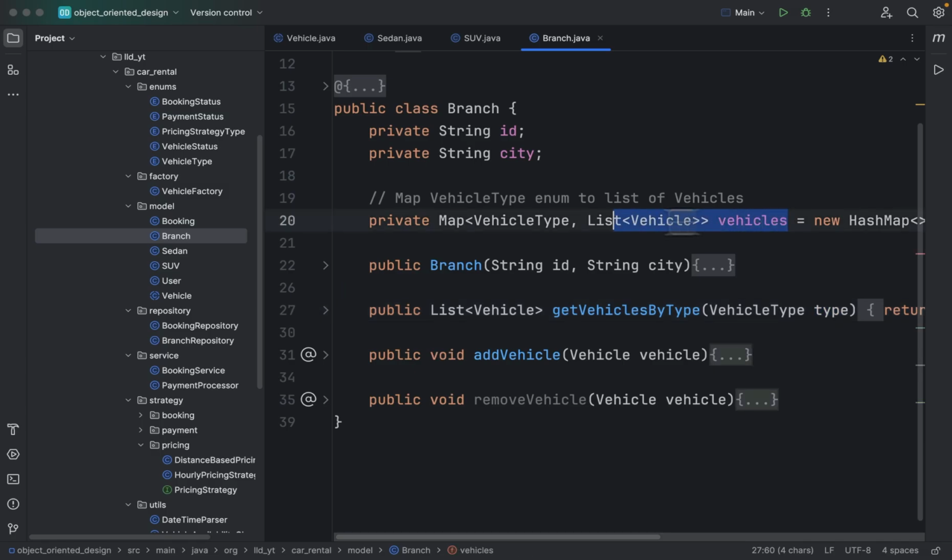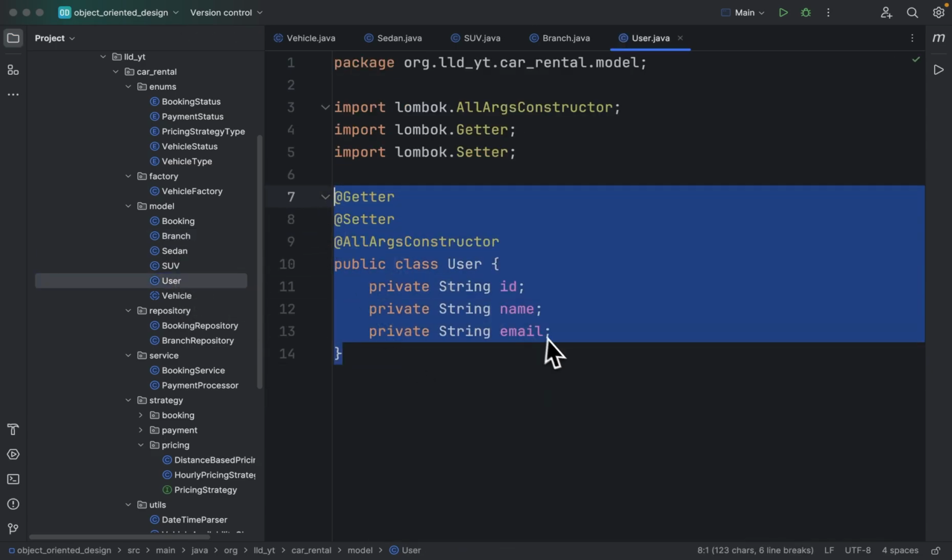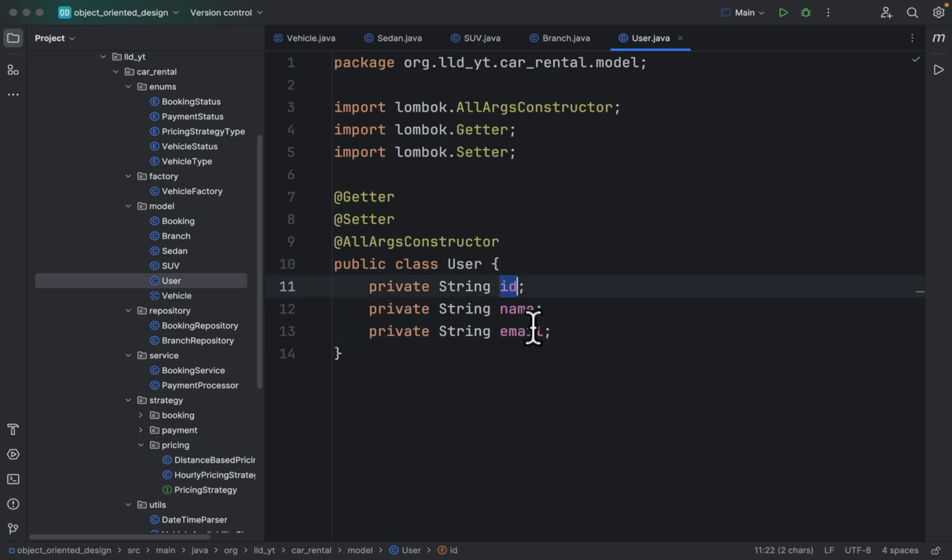For that, I've used one hash map so that I can get the vehicles by the type more efficiently. And I have CRUD operations like add vehicle and remove vehicle. Okay. So I think I've covered all the classes, and yeah, there is one user class which has attributes like ID, name, and email.